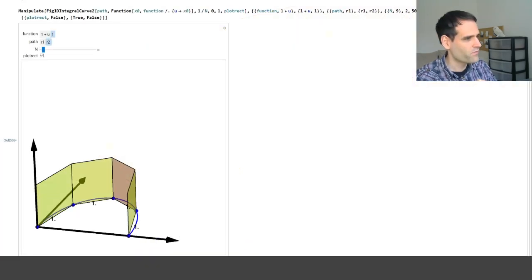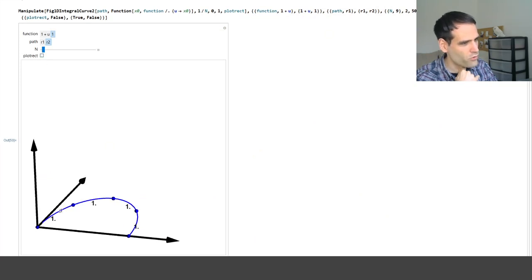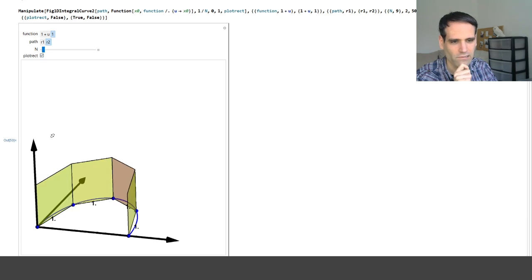So here it is. You can see that we have this blue curve, which is in the xy plane, and I have divided it into segments; the dots represent the limits of the segments. Now the function is some surface on the z-axis. If I calculate the function at the center part of each of these segments and plot the rectangle, whose height is the height of the function multiplied by the length of the segment, I get the area of this rectangle.